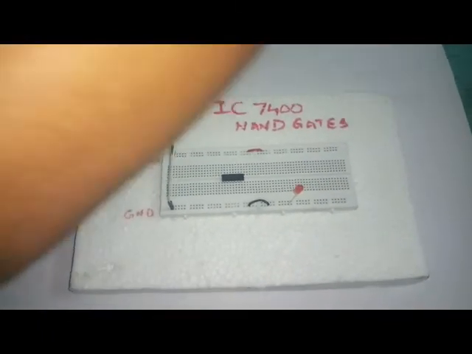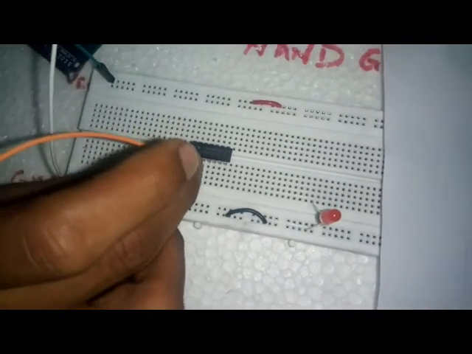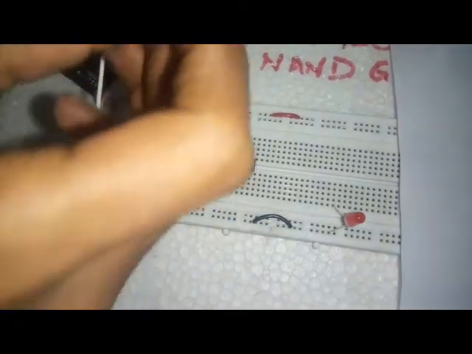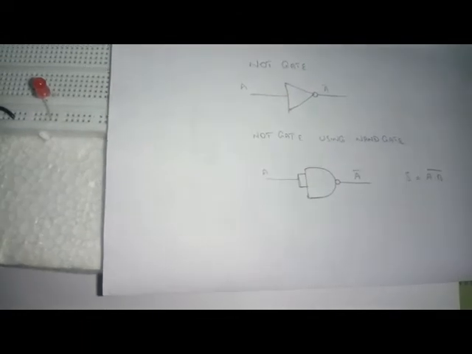As we have seen in the logic diagram, I am first taking the input pin 1 as the input pin A, and in the circuit diagram I have shown that the input is split and given to the IC.